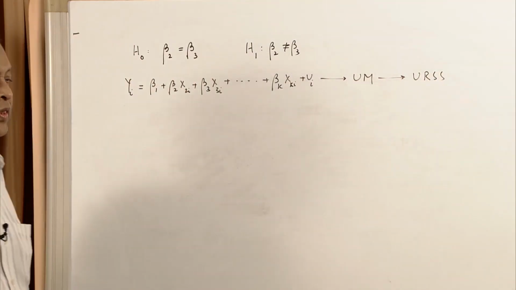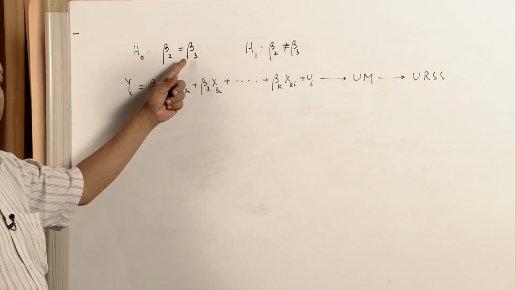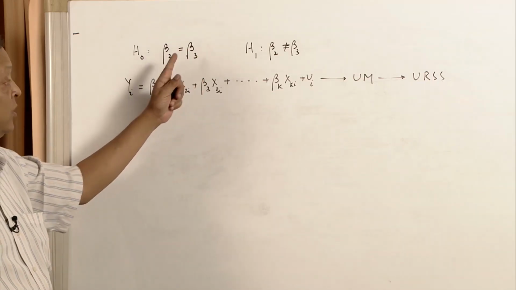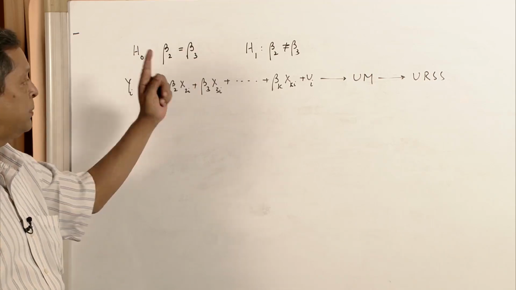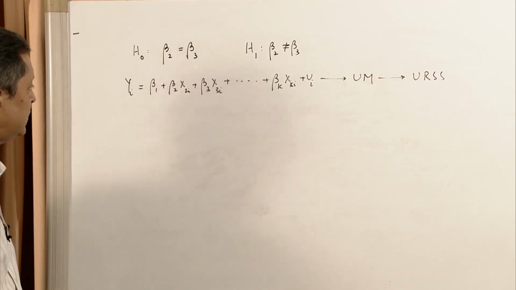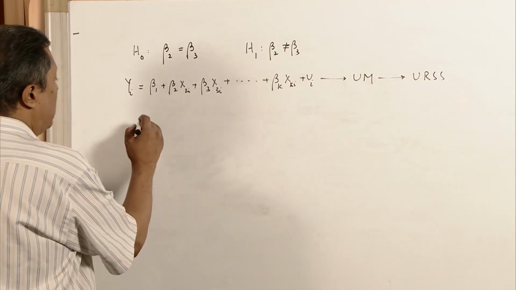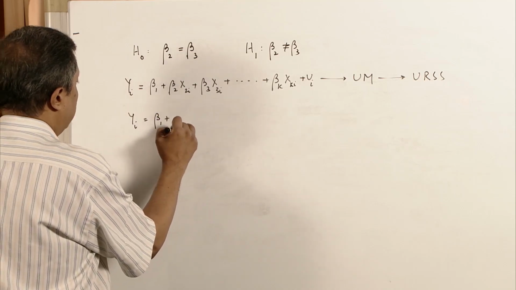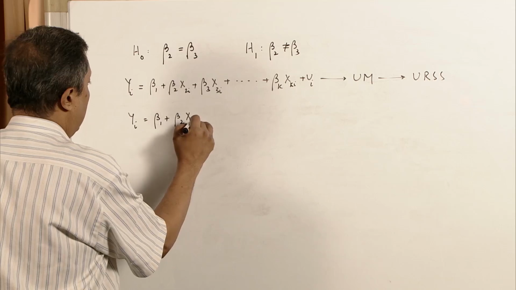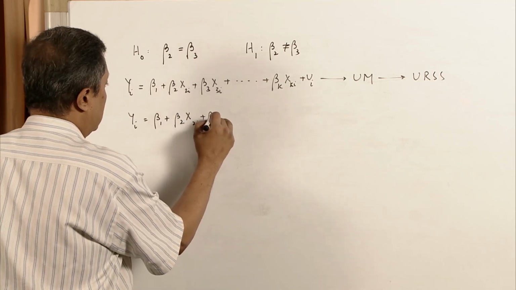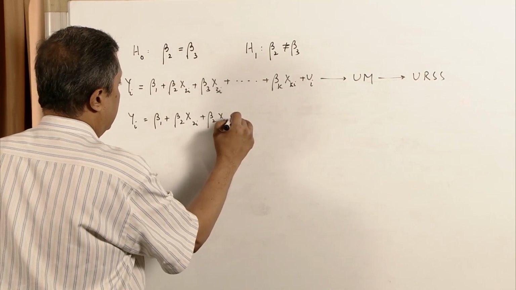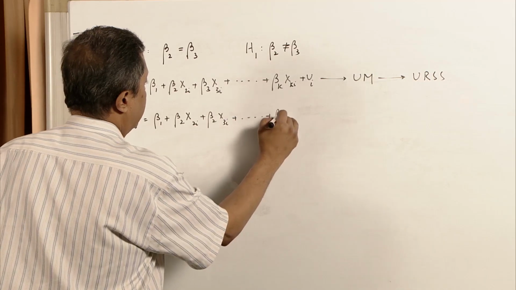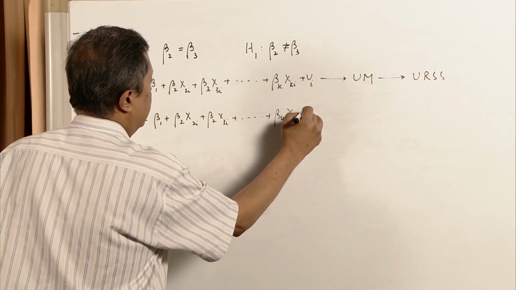And what is the restriction here? We simply have one restriction here, beta 2 is equal to beta 3. It is not beta 2 equal to beta 3 equal to 0, it is beta 2 equal to beta 3. So, the restricted model would be yi is equal to beta 1 plus beta 2 x 2i plus again beta 2 x 3i plus up to beta k xki plus ui.